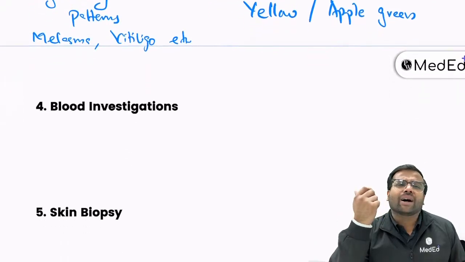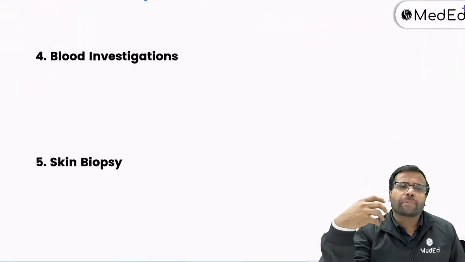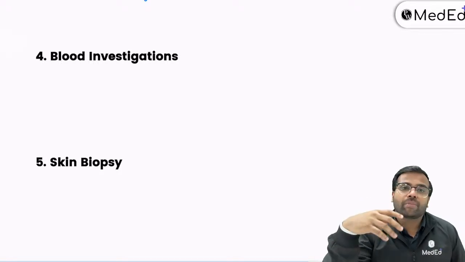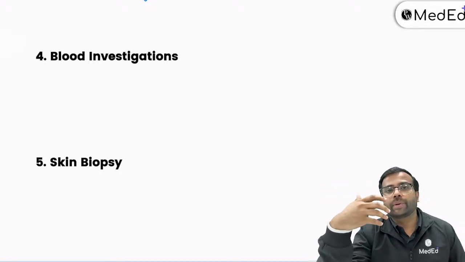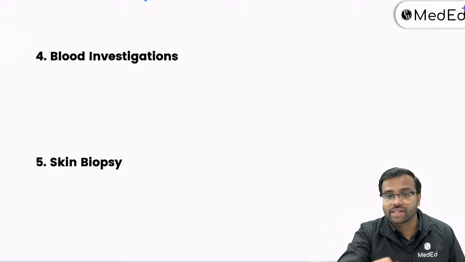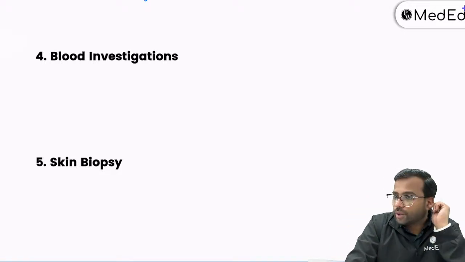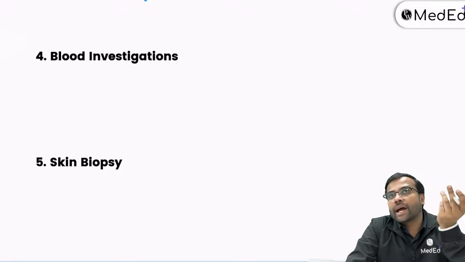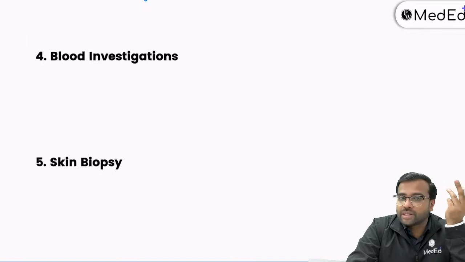So is there any role for blood investigations? In any of the pigmentary disorders, should we do any blood investigation? Is there any role? What do you think? When a patient comes to you with pale colored skin, that can be because of anemia, isn't it?